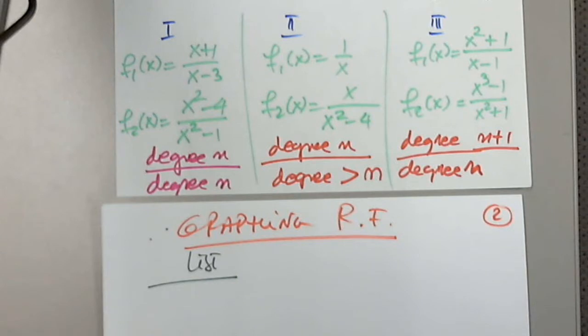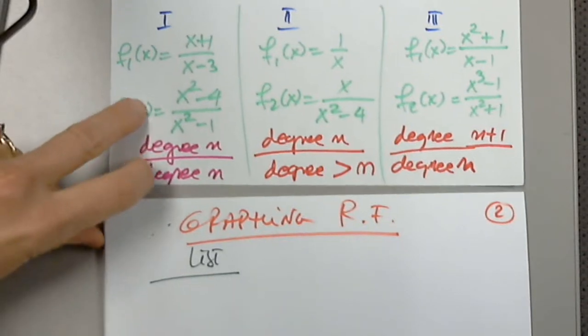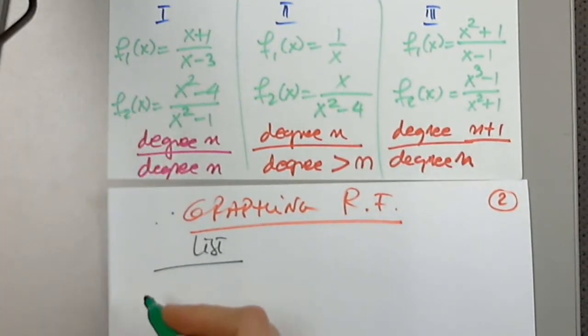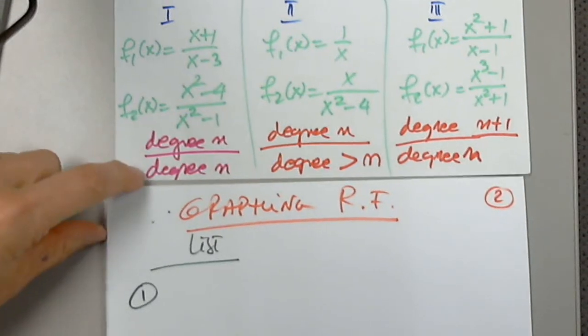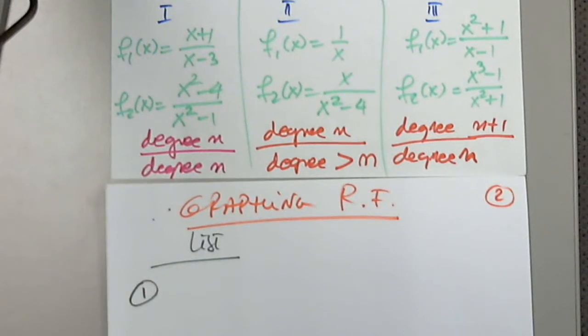There are things that polynomials don't have. Okay, here's the list that we have to go through. And if you remember, like last time with polynomials, the first problem will take 10 minutes, the next one 3, and the next one 1. Right? So I need to talk a lot about this when we graph the first function.